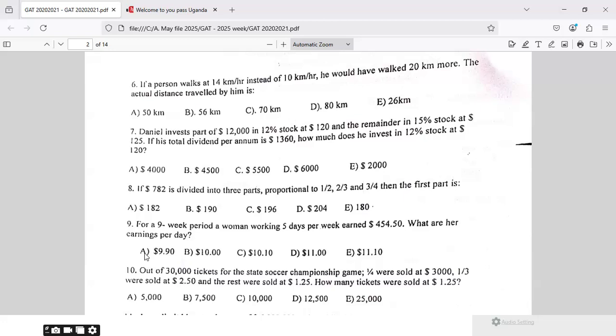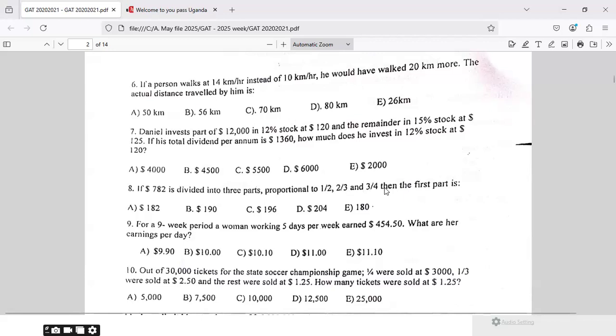It could have been from Kampala to Nakawa with 10 kilometers per hour, but at 14 kilometers per hour he would have probably gone past Chambogo or something. That's how I've understood it.